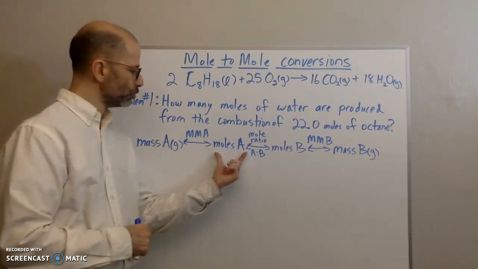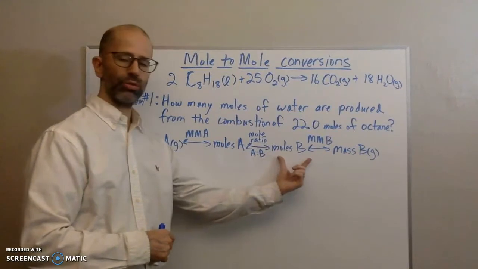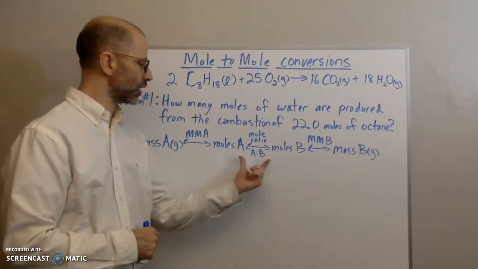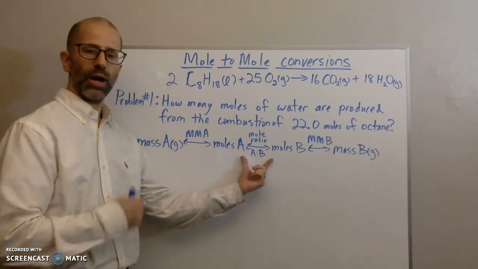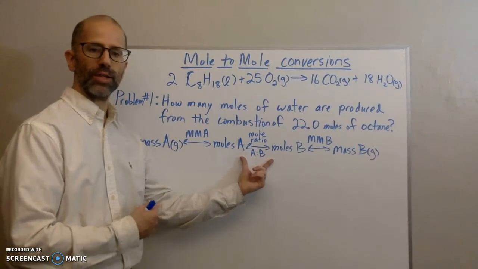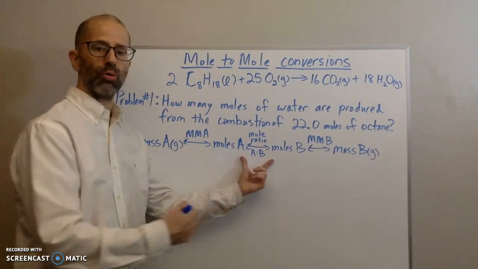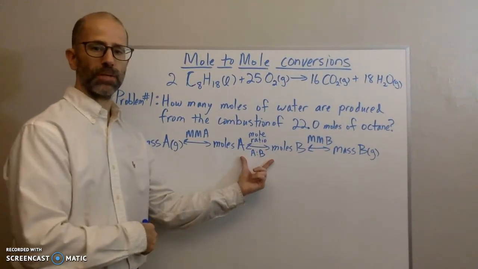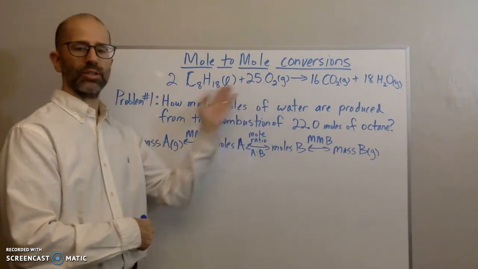Once we have moles of A, we can convert from moles of A to moles of a different substance using the mole ratio. And this mole ratio could be a ratio that we get from the formula, right? So the formula can give us a mole ratio of the whole formula to part of the formula. But we can also get that mole ratio from our balanced equation.